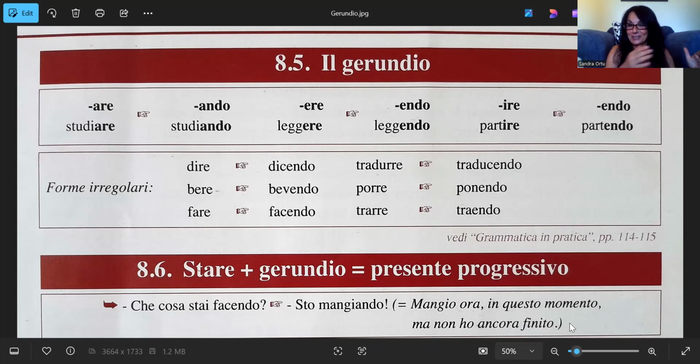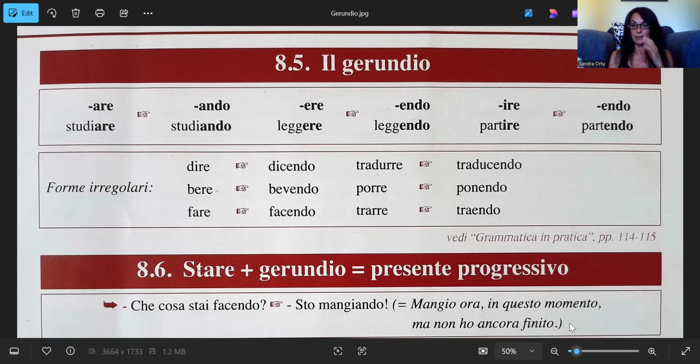It is still an action that is happening, not necessarily every moment, but you are in the process of doing it in general. However, as I said, we do use this tense, this presente progressivo, when we are saying exactly what we are doing in that moment, which is the same in English as well.